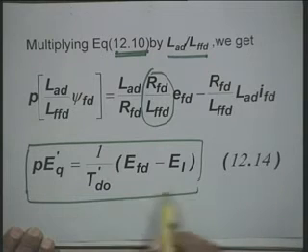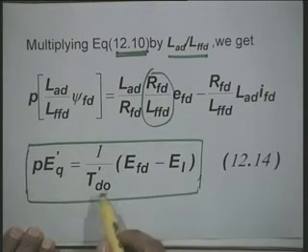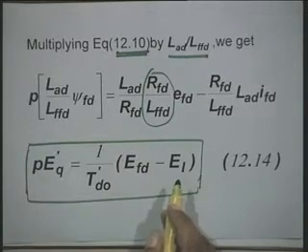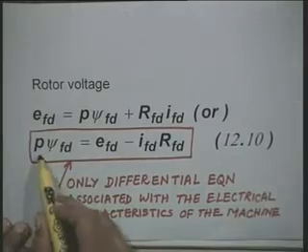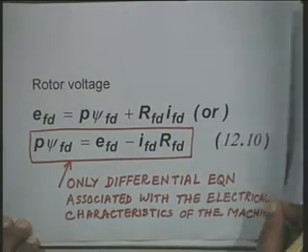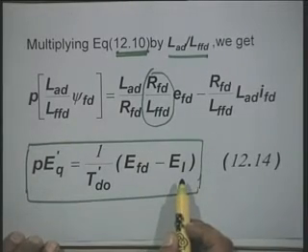Therefore, this is the equation now which is put in the form P Eq prime equal to 1 upon TDO prime into EFD minus EI. That is the equation which we had earlier in this form, the differential equation P psi FD equal to EFD minus IFD RFD. This has been transformed in terms of the newly defined variables.